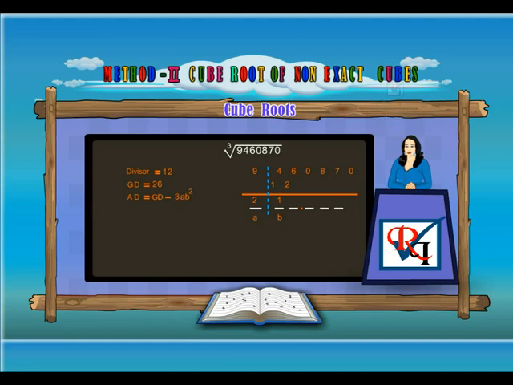Our gross dividend is 26 minus 3 into the value of a, which is here, into the square of b, which comes from here. Finally, we get our second actual dividend, which is equal to 20. Divide this actual dividend by our divisor. We get quotient 1 and remainder 8. So write the remainder here and the quotient here, and write c below it, as 1 is the value of c.